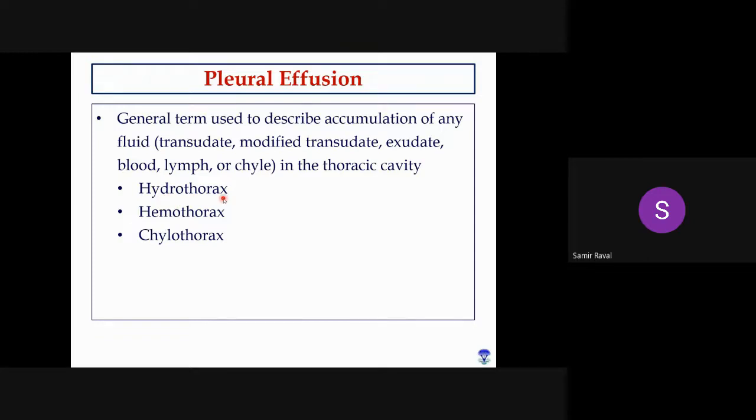So whenever there is accumulation of water in the thoracic cavity, in that case we will use the word hydrothorax. Hemothorax, hemo means blood, thorax means thoracic cavity, right? So accumulation of blood in the thoracic cavity. And chylothorax means accumulation of lymph fluid in the thoracic cavity, right? So depending upon which type of exudate or transudate is present inside the thoracic cavity, we can use the word.